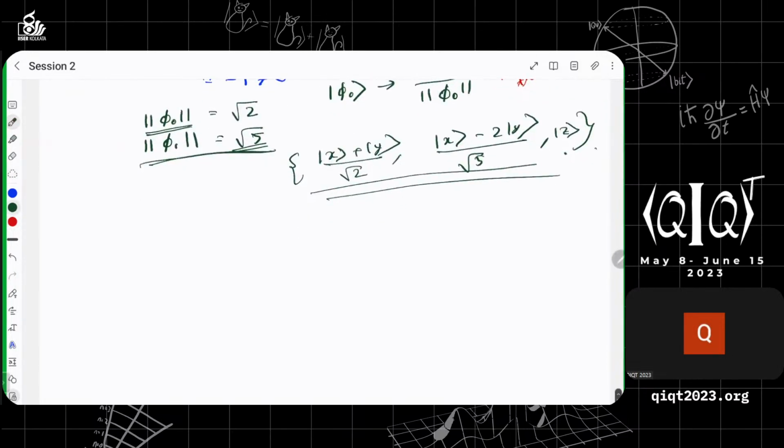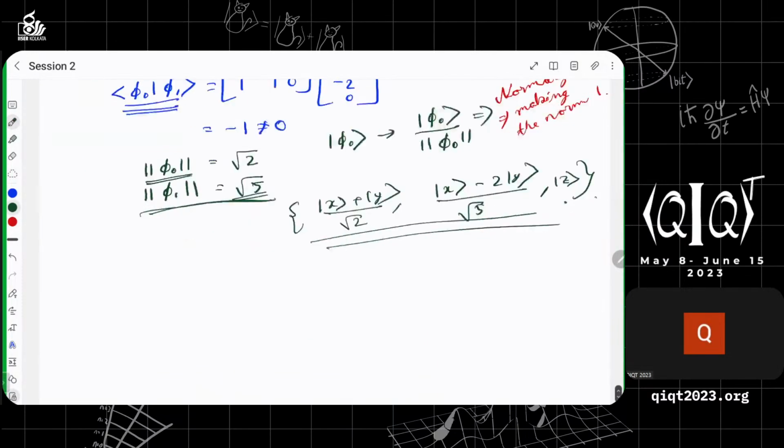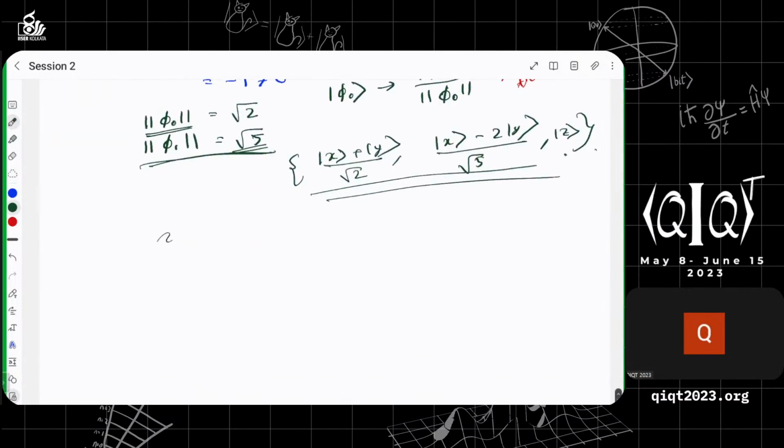Now, as I showed, there are different types of bases. Different bases can have different properties. So we give special names to those bases which have these special properties. For example, if elements of the basis B are orthogonal to each other, then we will call it an orthogonal basis.